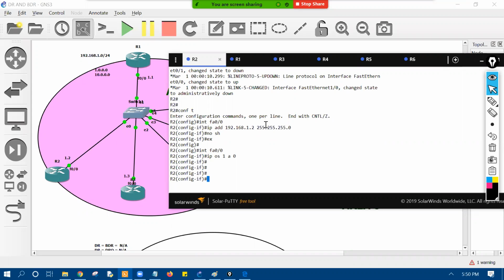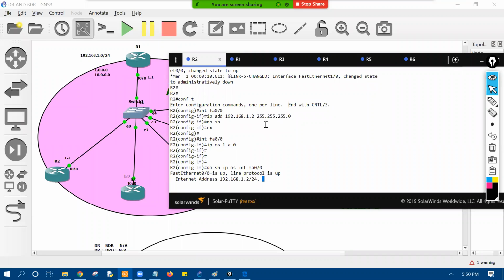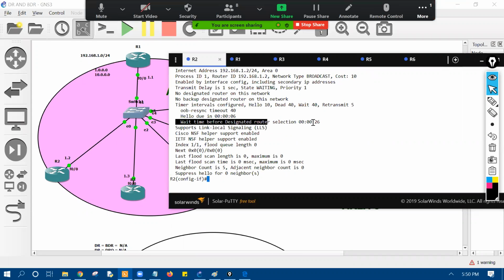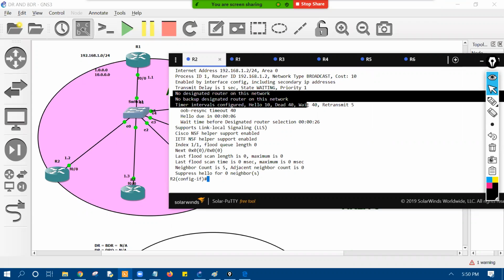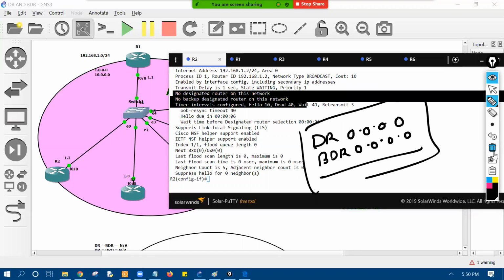So if you do show ip ospf interface, the waiting state is going on, right? So right now there's no DR and BDR. Guys, tell me, what is the meaning of DR 0.0.0.0? Still, it has not been selected. Okay, perfect. What is the meaning of this?